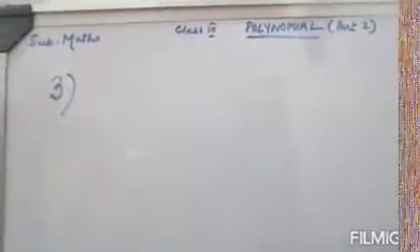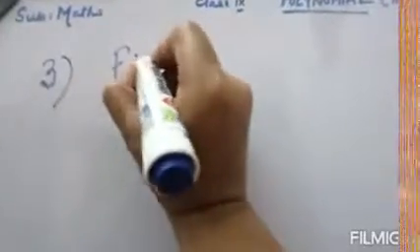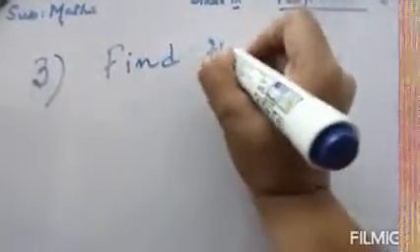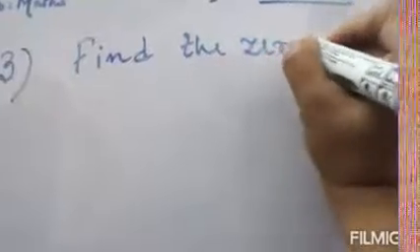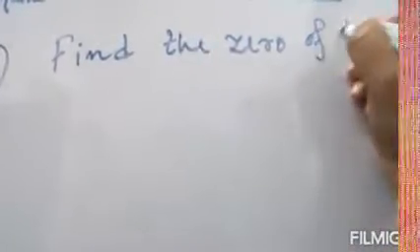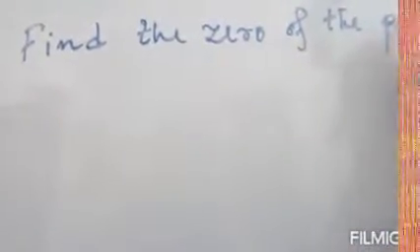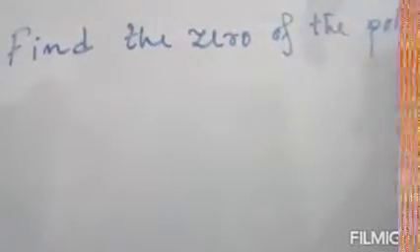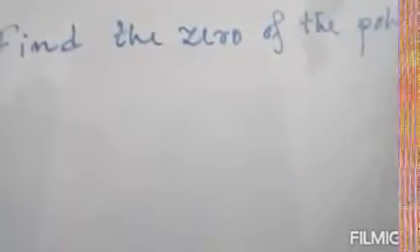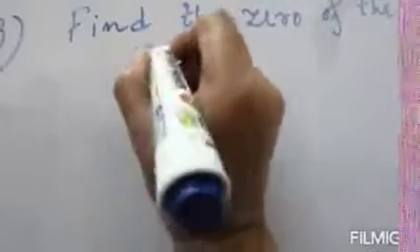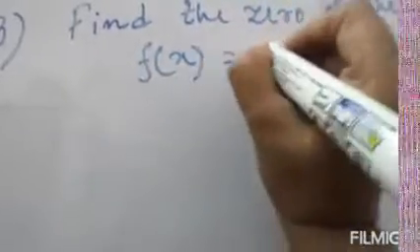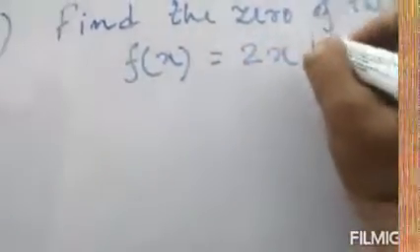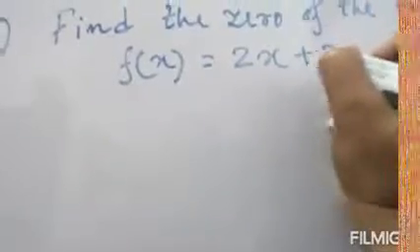Next, we have a question where we have to find the 0 of the polynomial. Find the 0 of the polynomial f(x) is equal to 2x plus 3.